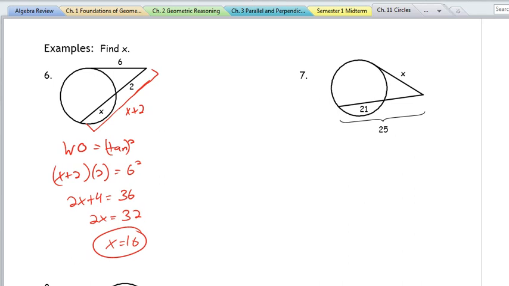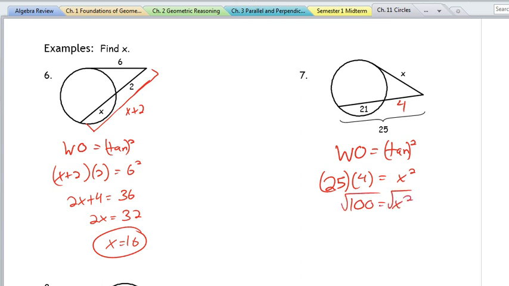In number 7, that's a secant and a tangent, so WO equals tangent squared. You're going to be saying WO all day tomorrow. So we have whole, the bottom, that's our secant, is 25, times the outside would be 4, equals x squared, tangent squared, so 100 equals x squared. Take the square root. Technically it would be positive or negative 10. We would just keep the positive 10 because it has to be positive.